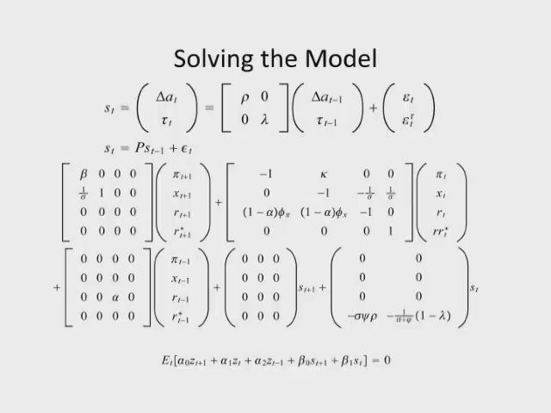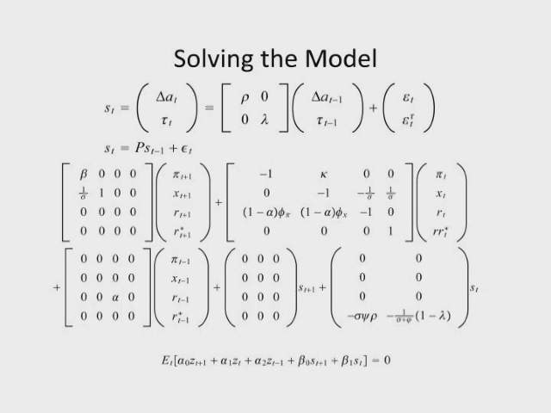So I'll use the canonical notation that I used at the end of the previous lecture. Here it is. I took all the equations and wrote them, and these are the variables whose values are determined at time t. So this here is z_t: inflation, output gap, R star, all these things, and this is t plus 1. Then we also have some shocks in here, S, these are the exogenous shocks, this is the law of motion.